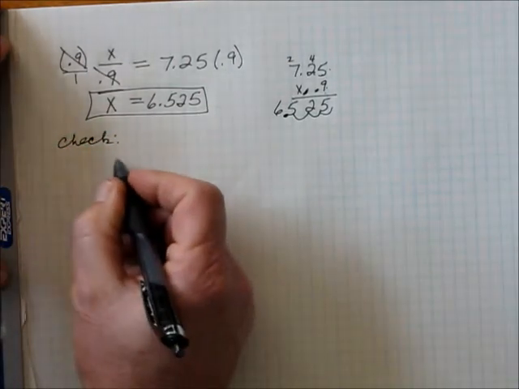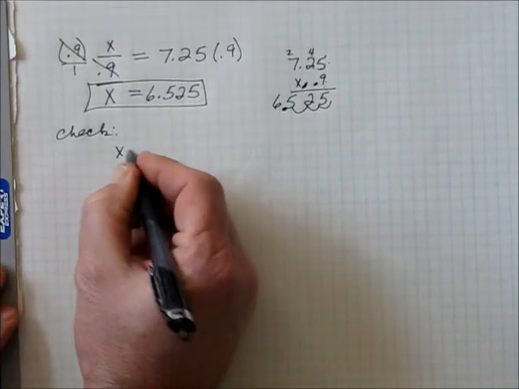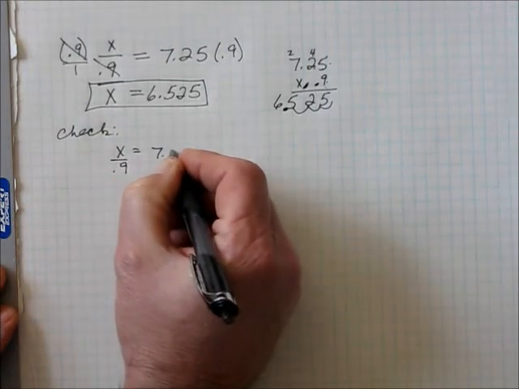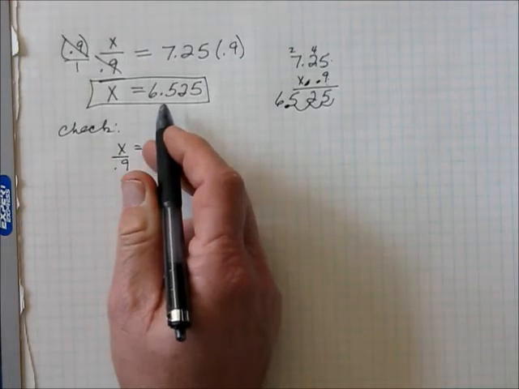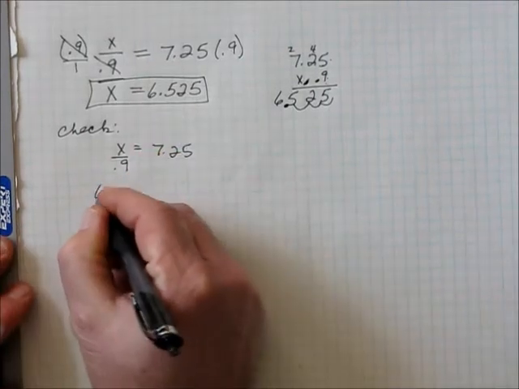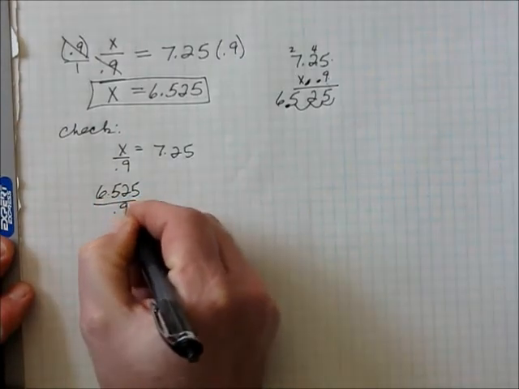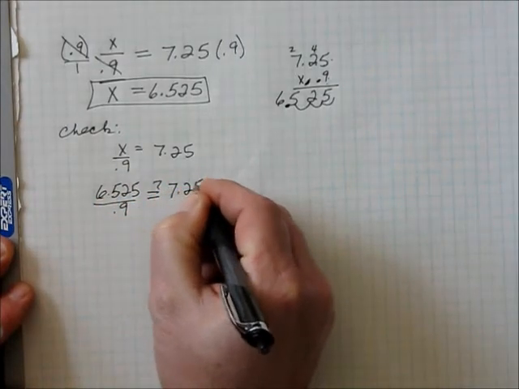As usual, for a check, I write down the original equation. So x over 0.9 is equal to 7.25. I'm going to plug in what I found for x, which is 6.525 over 0.9. Is that equal to 7.25?